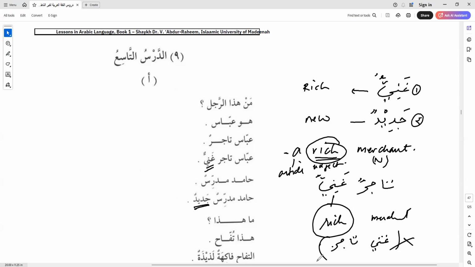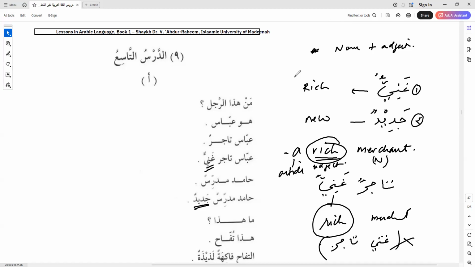This is incorrect. So the position of the adjective in Arabic is always after the noun. So technically, the structure in Arabic is noun plus adjective.